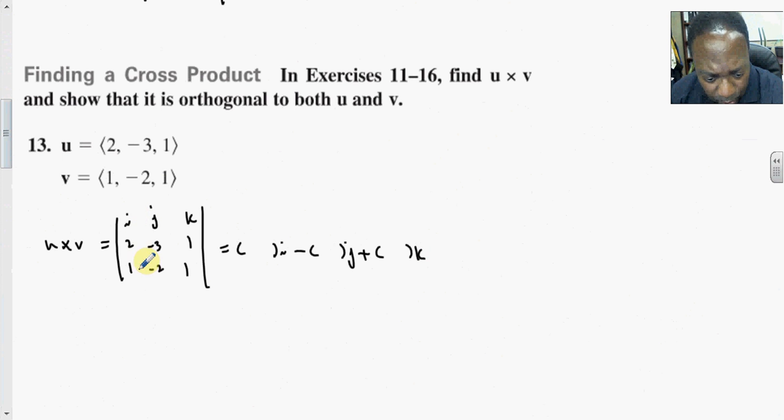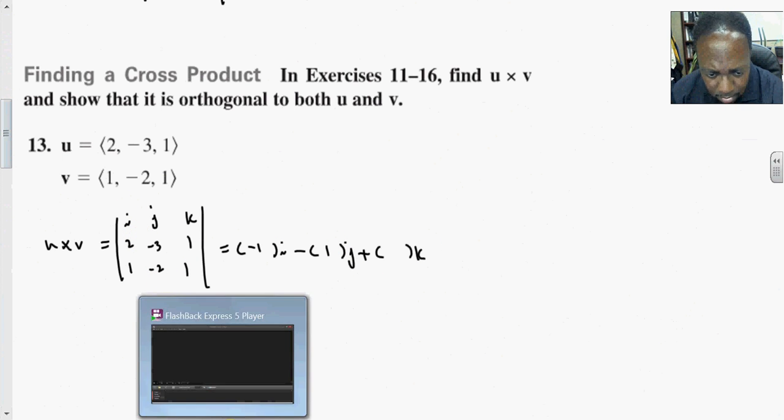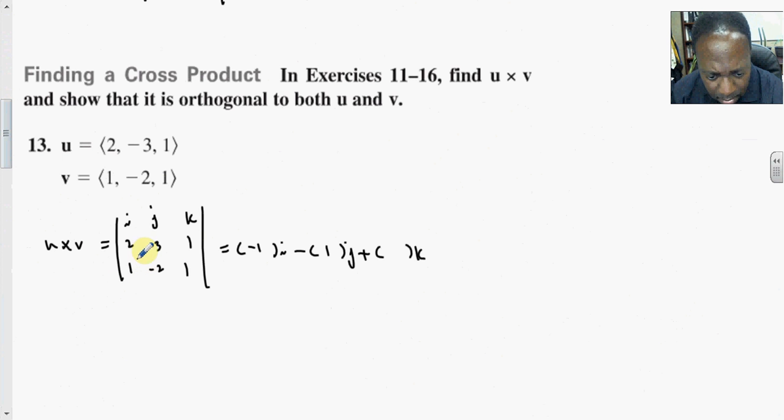Delete the ith row and column. We get negative 3 plus 2, right? Minus this minus. So negative 3 plus 2, negative 1. For the jth position, delete the jth row and column. We get 2 minus 1. We get 1. For K, delete the kth row and column. This gives us negative 4 minus this minus is negative 4 plus 3, get negative 1.